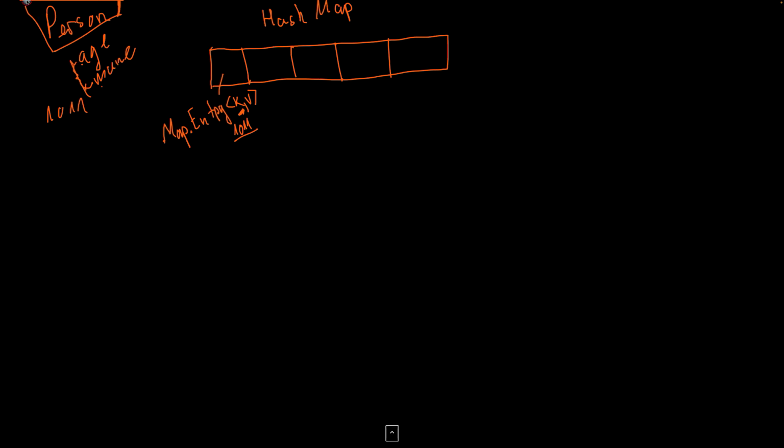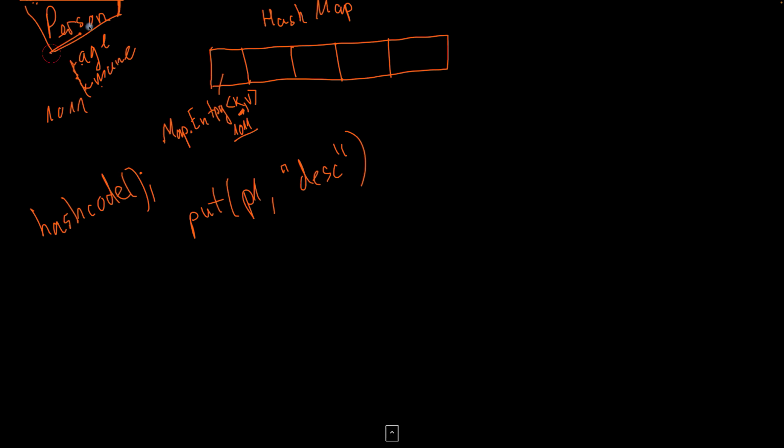When we say put, for example, person1 with some description, we go to the hashCode method in the person class and calculate this hash number.